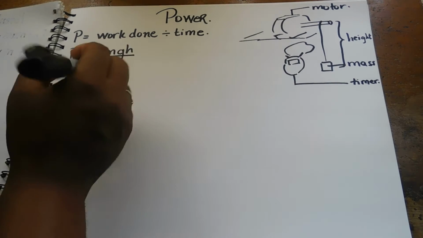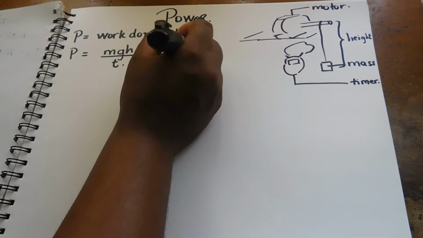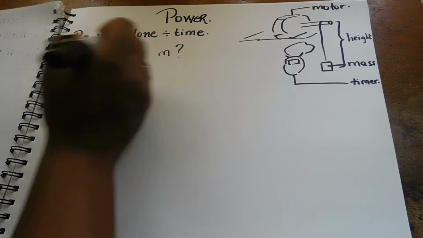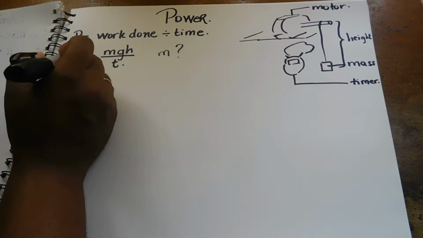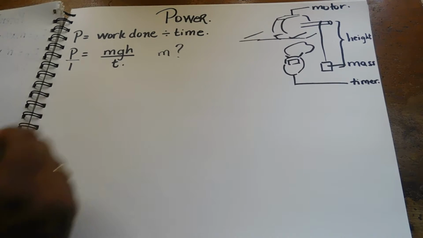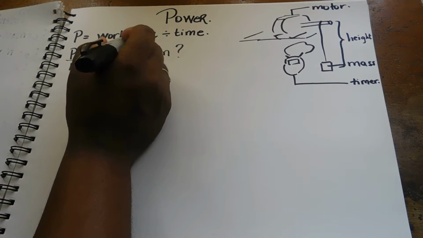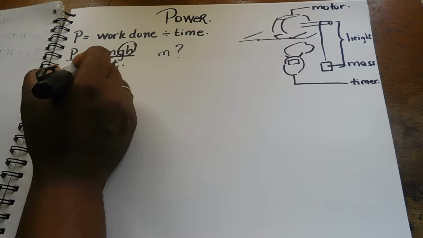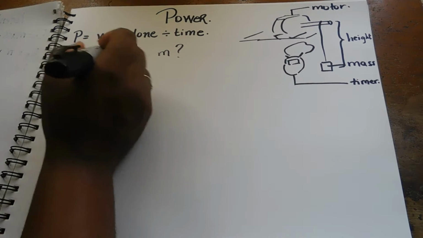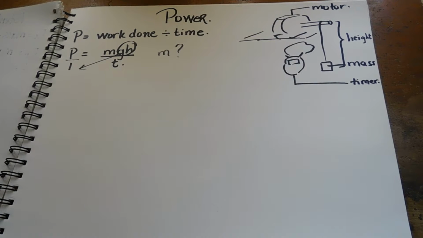So, if you wanted to find m, you do the same thing we did, but this time we have a variable underneath, which is t, and this is over 1, right? So you could quite frankly move these first underneath. So you end up with p over gh equals m over t, right?